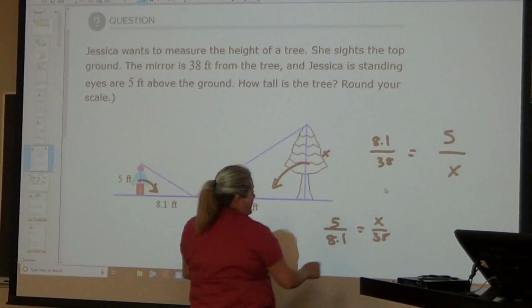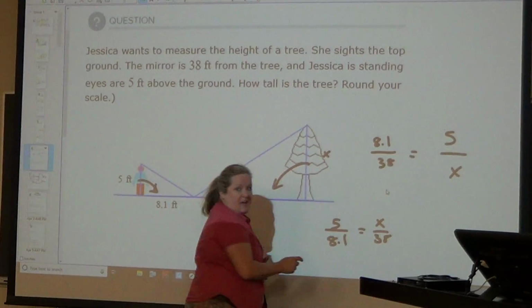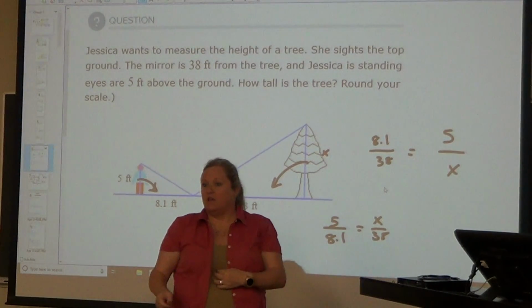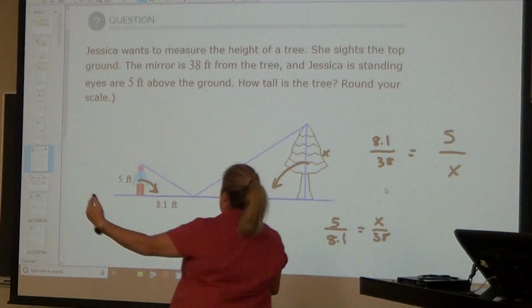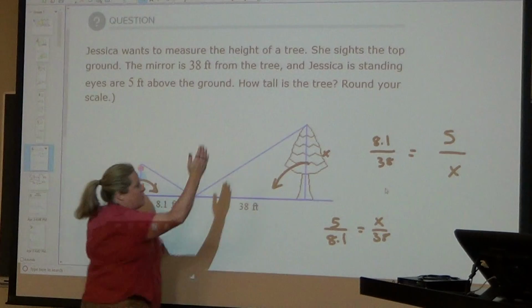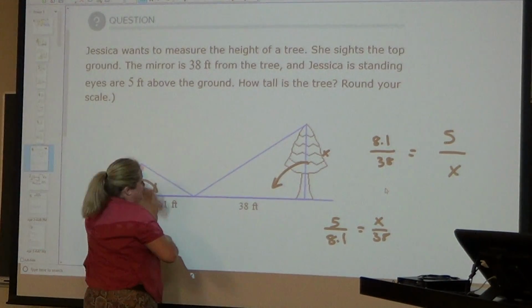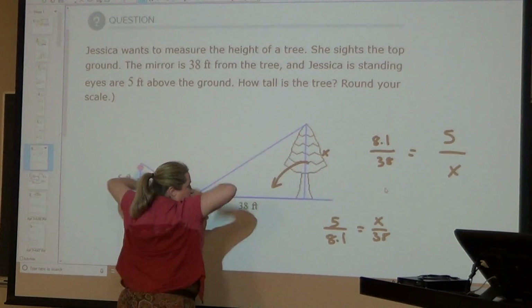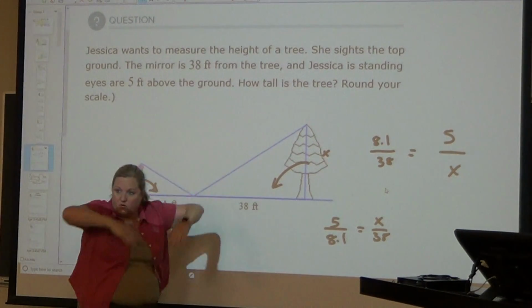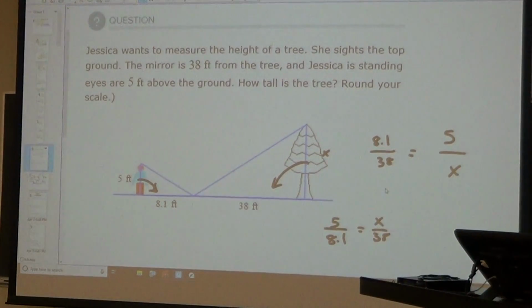Now, in my calculator, I would do 5 times 38 divided by 8.1. Wherever way you go, if you did 5 over 8.1, on the other side you've got to do X over 38. I've got to go in the same order, in the same direction. Whatever direction you pick for the first fraction, that's the direction you've got to pick for the second fraction.